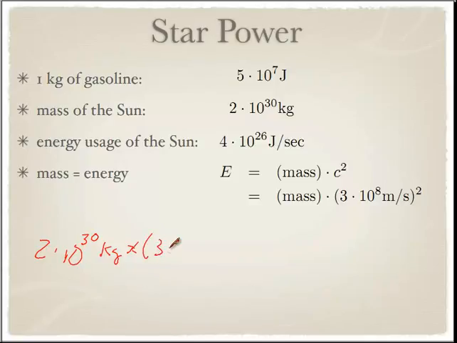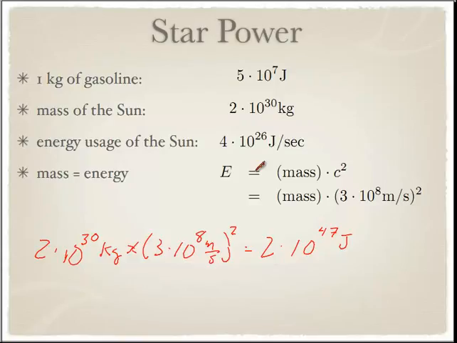And this gives us somewhere around the order of 2 times 10 to the 47 joules. And even if we were using it up at this great rate, when you take this amount of fuel, divide by 4 times 10 to the 26 joules per second, you're going to get trillions of years.